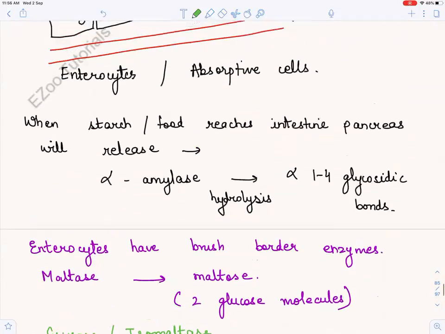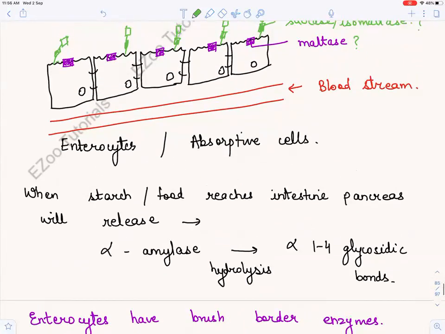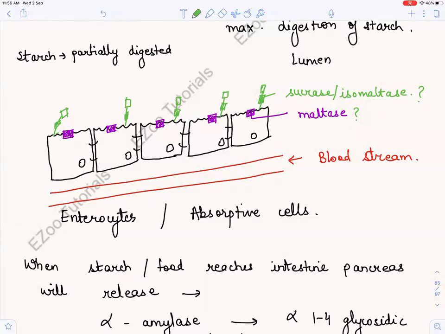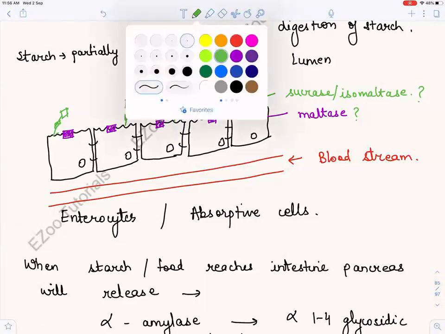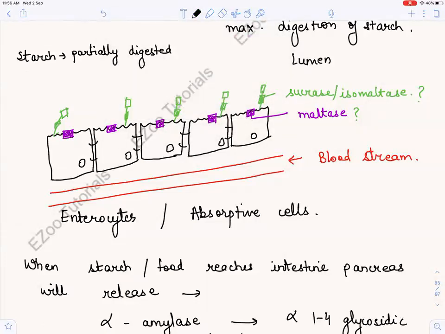Now let us see what is happening here in these enterocytes. This partially digested starch is there, and we have structures like this, some more linear and big. This is the lumen, and these are the cells.